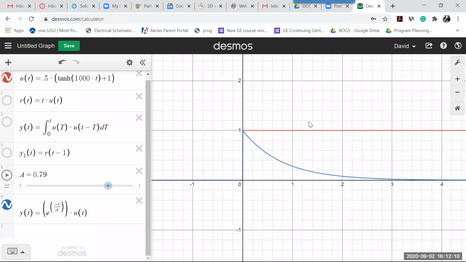So remember, this is the step function convolved with the high pass filter, and it detects this edge.